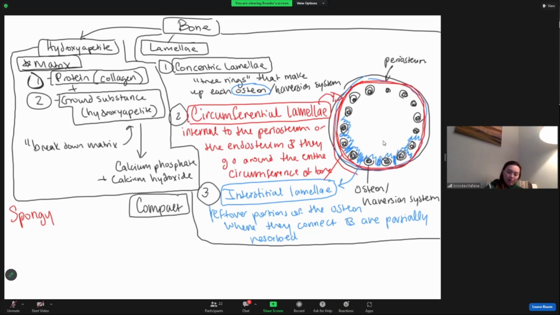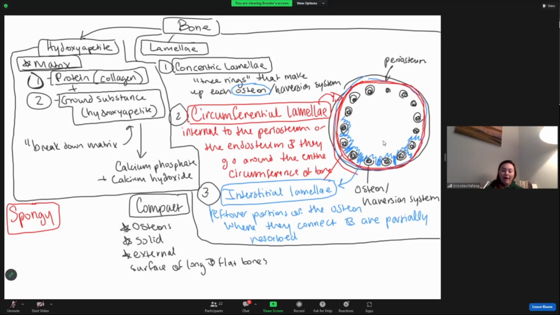So compact bone is the bone that you learned about repeatedly. It's the one that has the osteons. It's the one that is solid. It's the one that is on the external surface of long and flat bones. So everything you've gone over up until this point has been about compact bone.